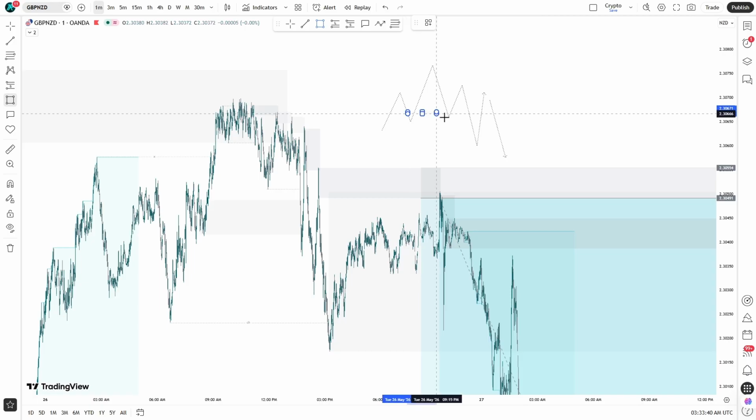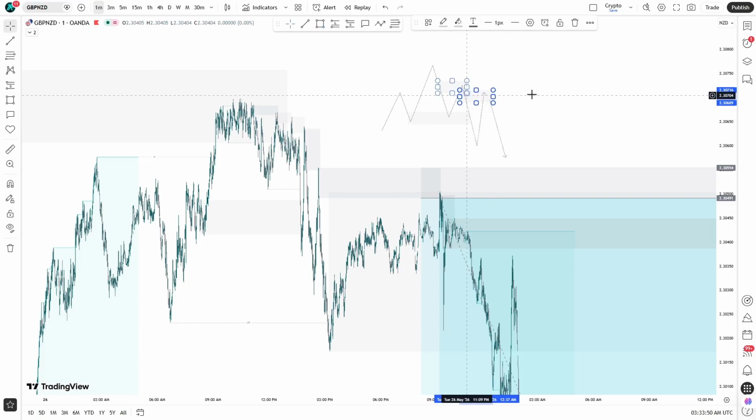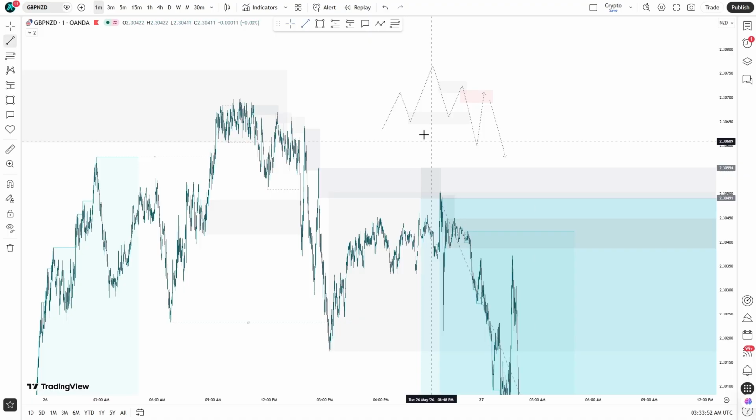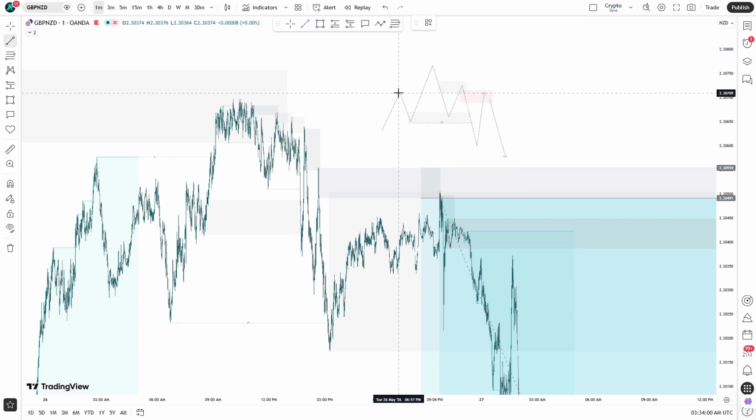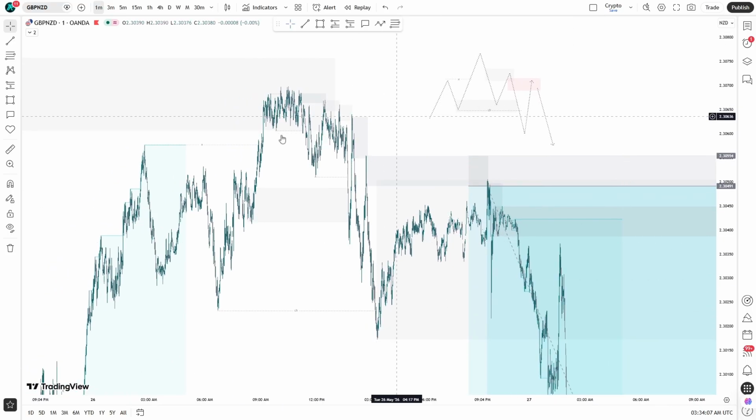So this is just a replica of the concept of what happened in the market, to now take our entry at this point and downward to a liquidity market. So this is it. This is exactly what happened in this one.